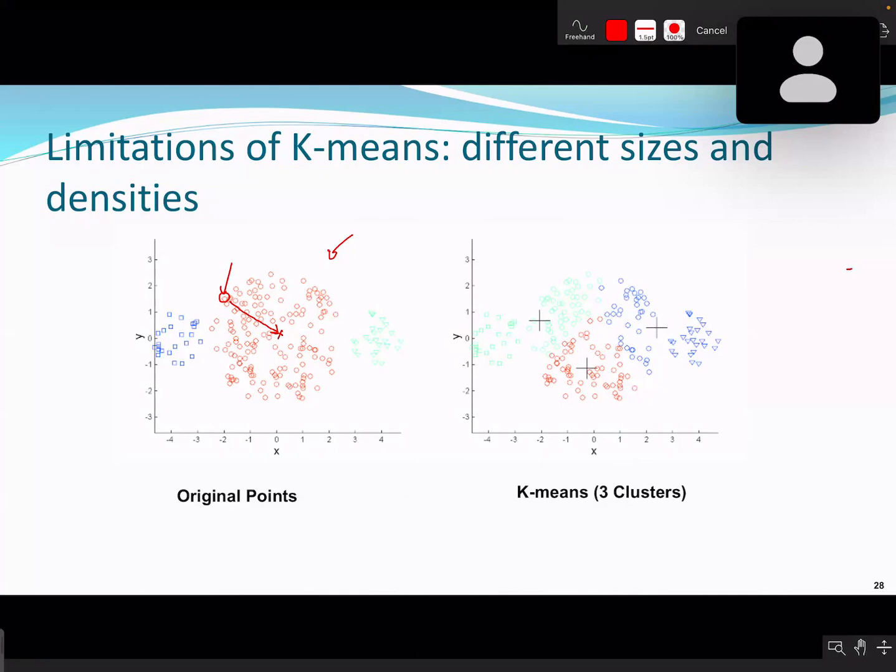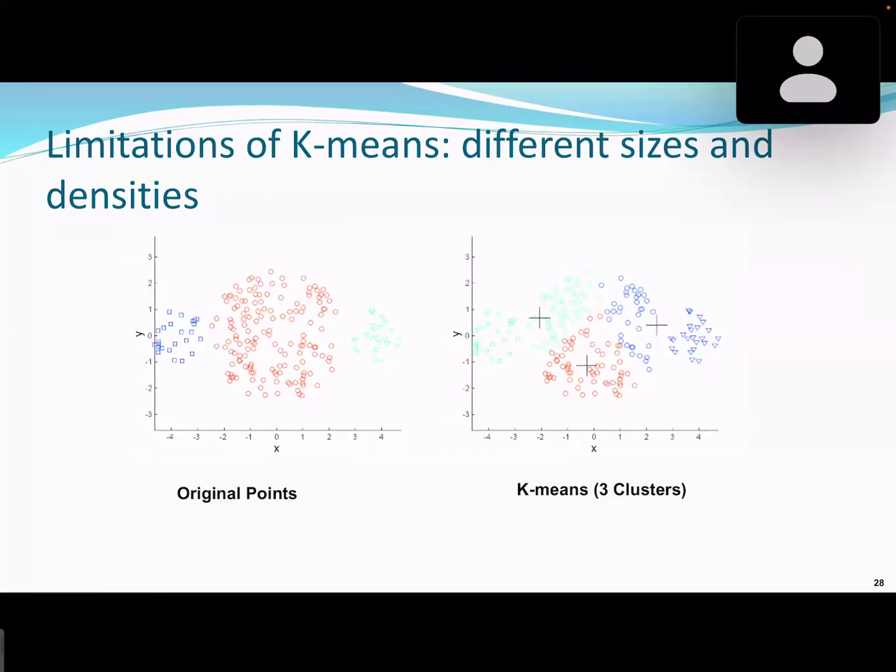So an object at the far edge of the cluster could be at some distance from the centroid. In this example, this distance is so big that this data point is actually closer to the centroid of the blue cluster. And that's why this object is grouped into that cluster by k-means instead. So this is one of the reasons.